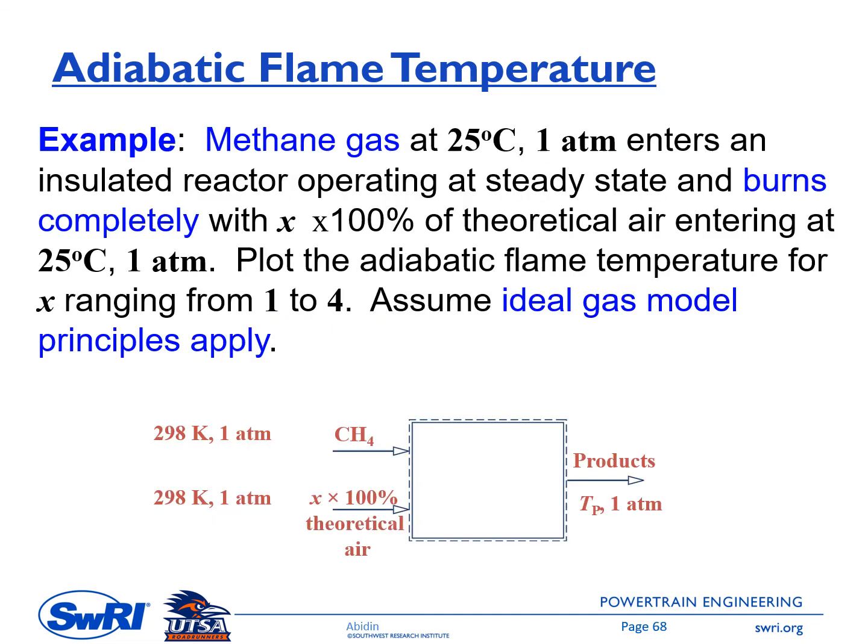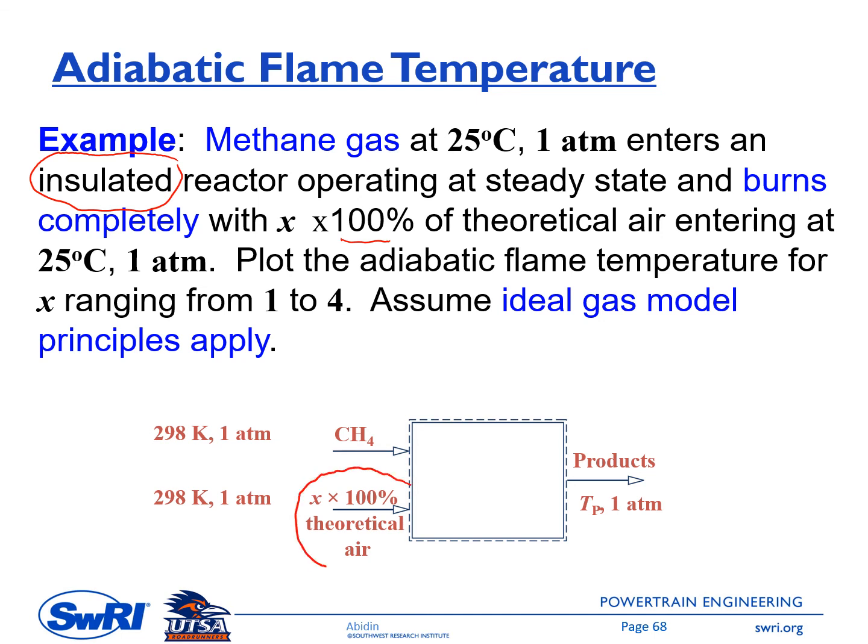Okay, let's take a look at this example. Methane gas at 25 degrees C, 1 atmosphere, enters an insulated reactor. Insulated, so it means it operates adiabatically, at steady state, and burns completely. So it means stoichiometric combustion, with x times 100% of theoretical air entering at 25 degrees C, 1 atmosphere.